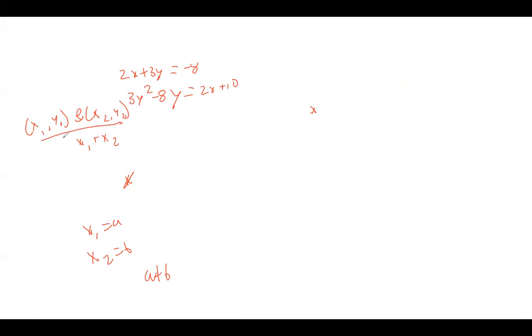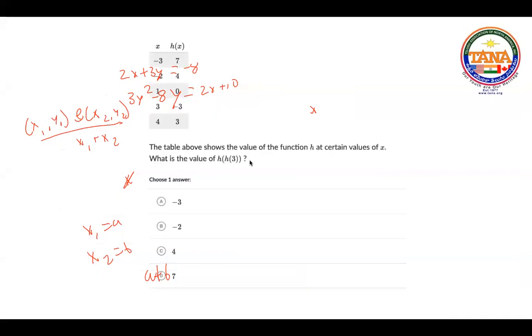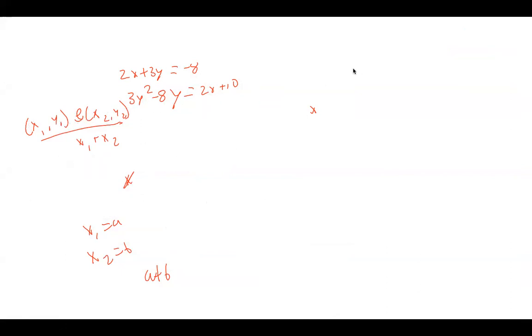We're trying to find what x1 plus x2 is. It's like this question. We're trying to find what a plus b is. All right, I'll give you guys 2 minutes to do that question while I erase all the extra markings I made.